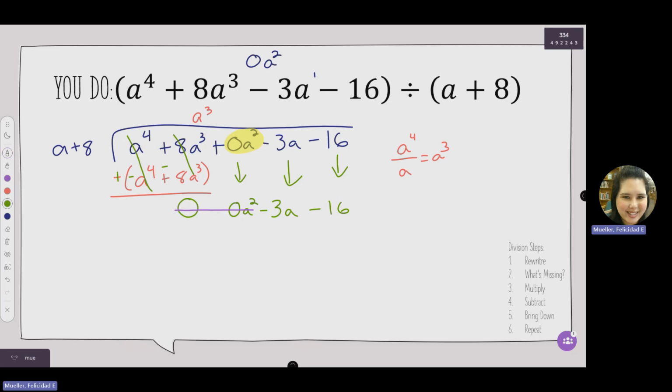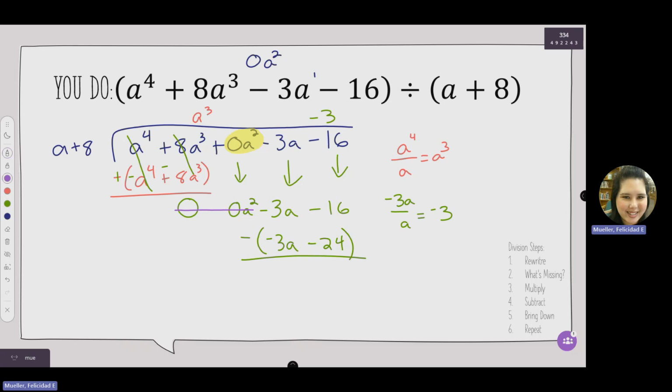I am going to look at negative 3a. So we're going to do negative 3a, just negative 3a divided by a, and we get negative 3. So my new multiplier is negative 3. So negative 3a, and then negative 3 times 8 is negative 24.